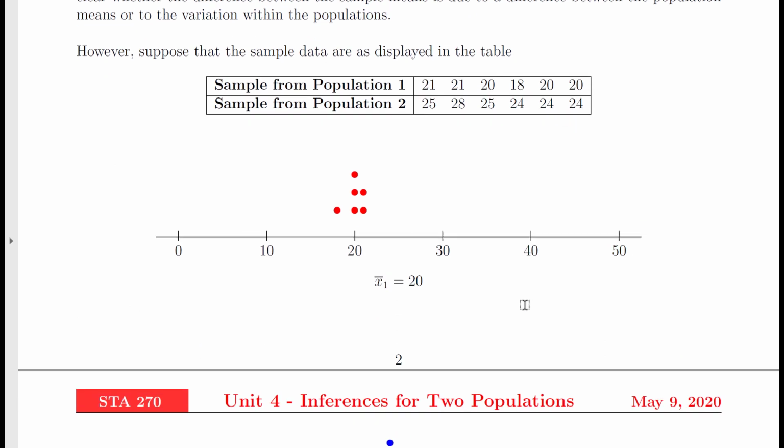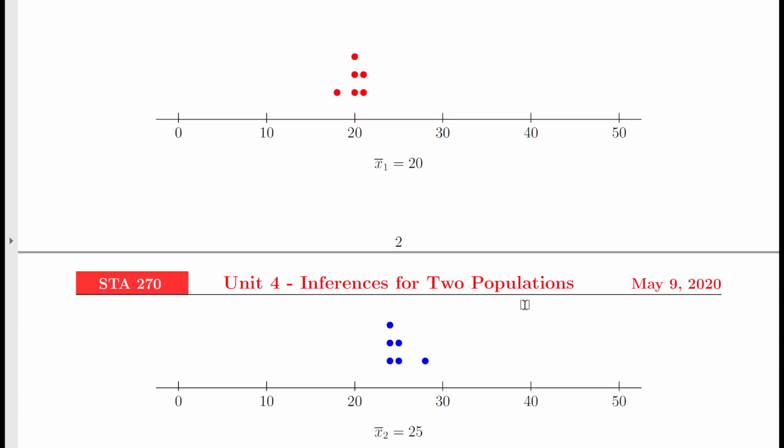However, with the second set of data, they both have the same means as the prior example, but we can see how these values here are clustered around 20 and these values are clustered around 25 because the data is not as spread out. There's not a lot of variance in the data. So we can say that these 2 population means do differ based upon this graphical representation.